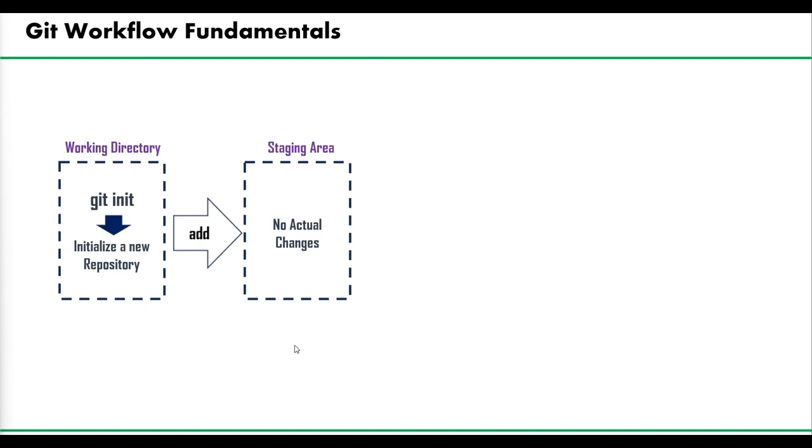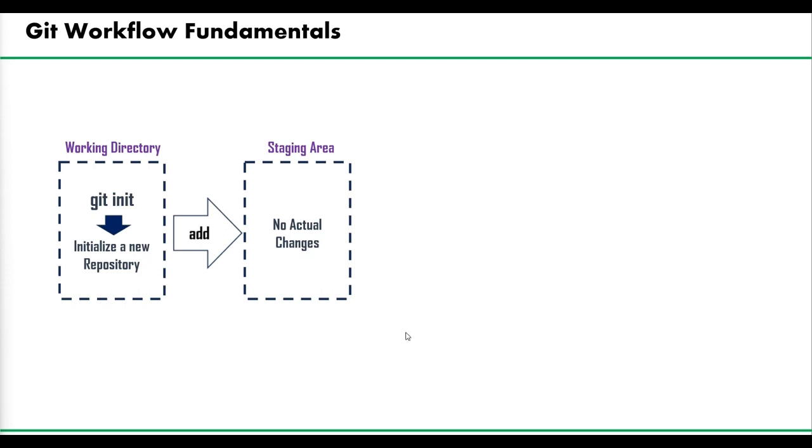Again, the staging area is an intermediate area that acts as a holding area for changes you want to commit. Look at it as a preparation step before doing the commit.